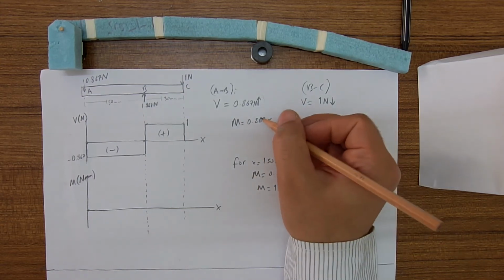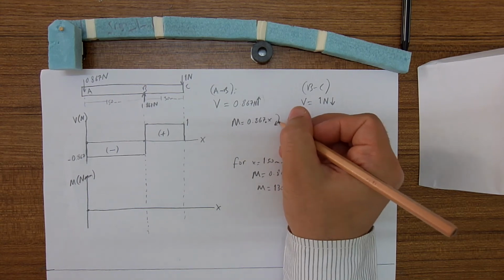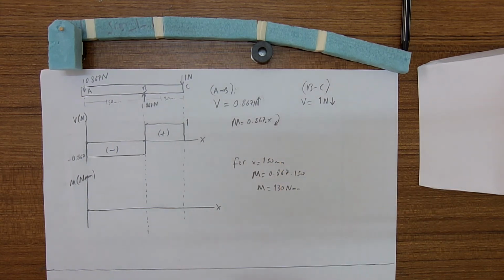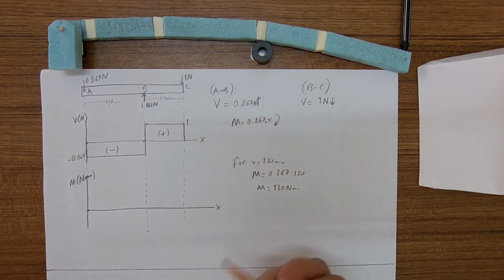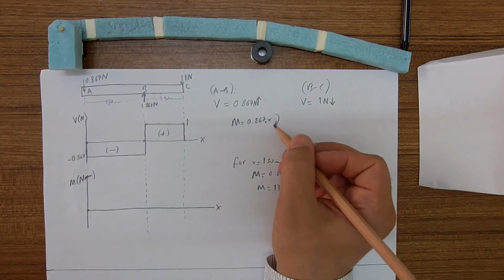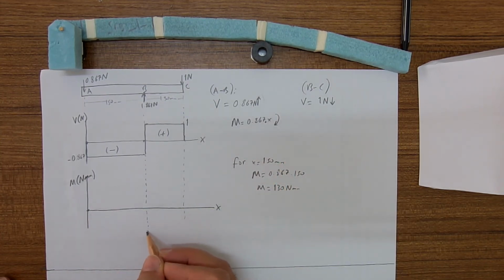Because the moment we found has got this direction and it is negative. It is negative in general and it is negative in moment diagram sign convention. Therefore, we need to go down here.